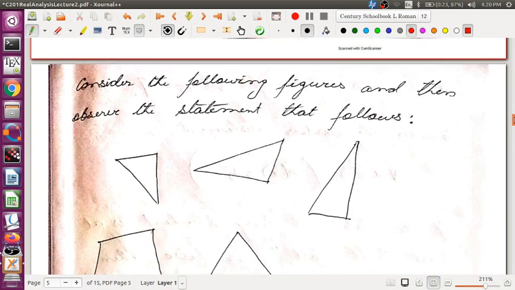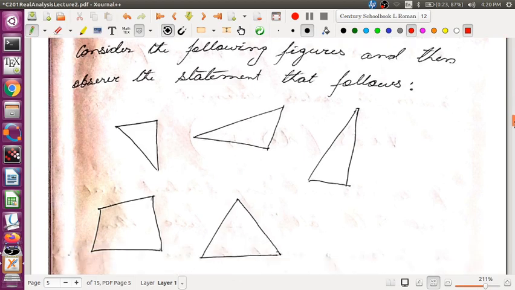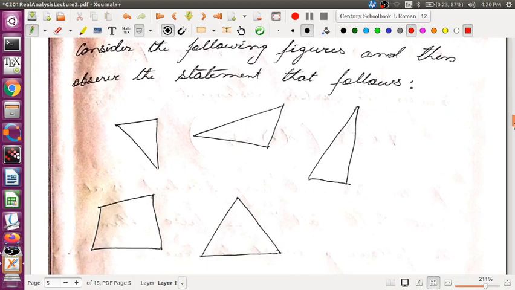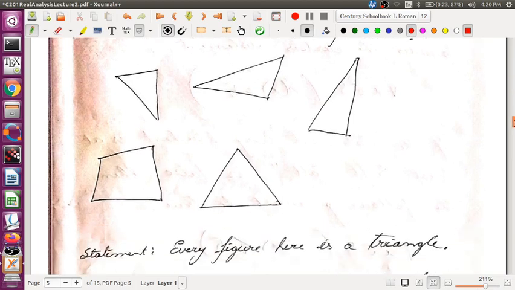Okay, this is how we formalize things mathematically. So consider the following figures and then observe the statement that follows. To understand this universal and existential thing, let us see what happens. Some figures are given to you here, and I make this statement: every figure here is a triangle. Is it true or false?